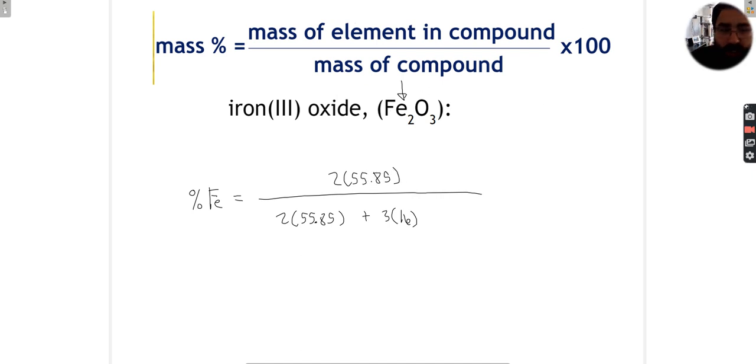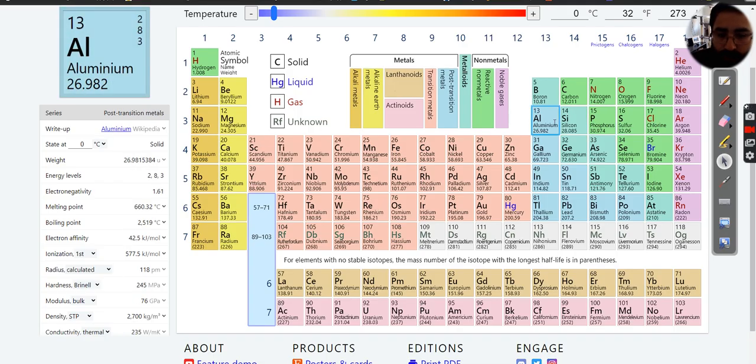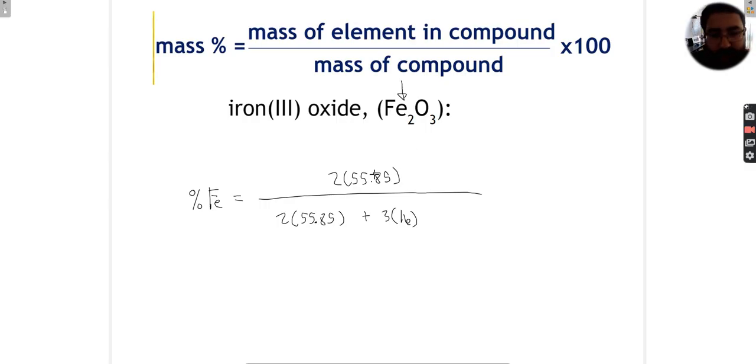Let me just double check the mass of iron. I don't know it off the top of my head. 55.845. Good enough. So we do this in our calculators, or your head, it doesn't matter.